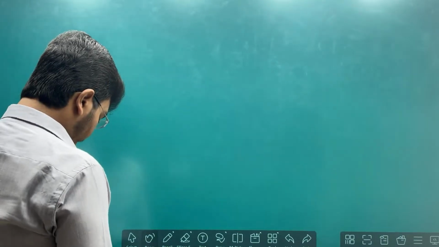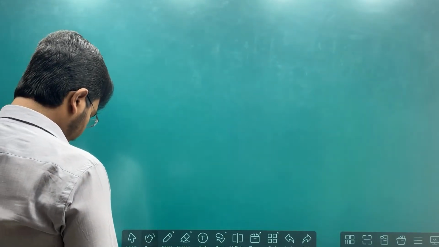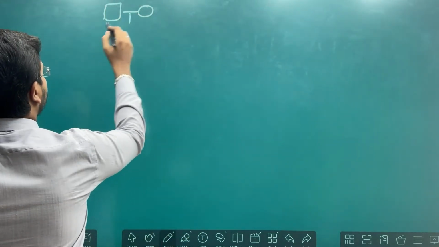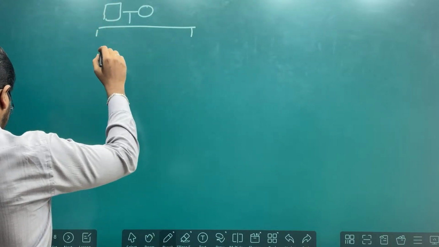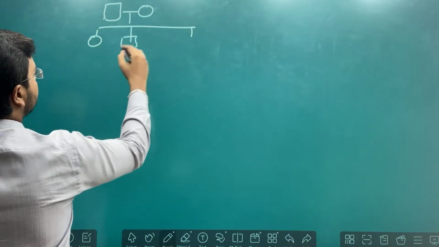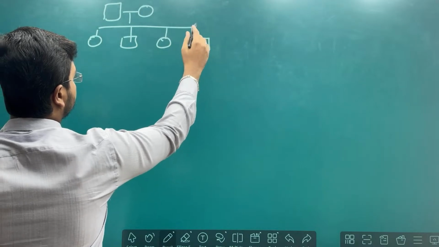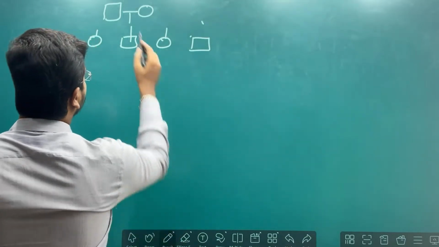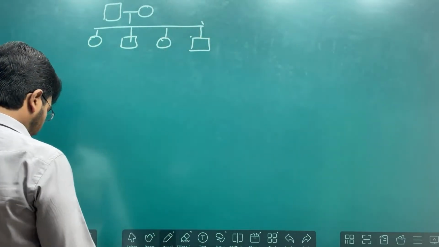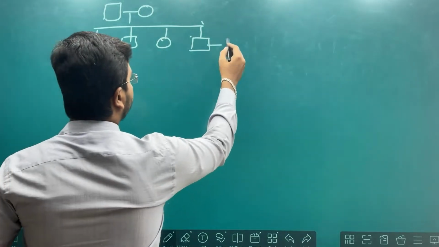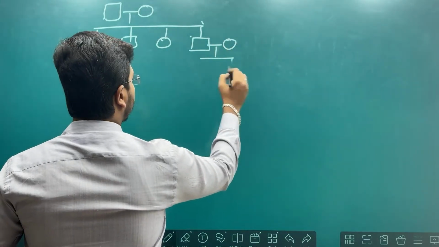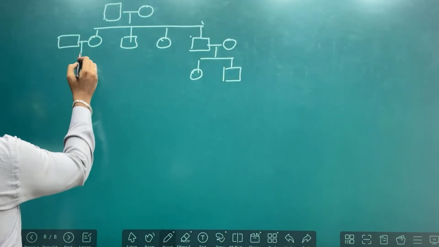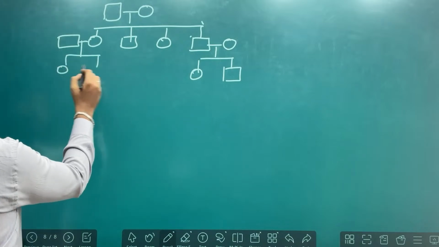The question is again this. Let's say a father is affected, there is a father and mother, and they have 4 offsprings. One offspring is connected with a mother and they get 2 offsprings, and another is connected with a father and they got 2 offsprings.